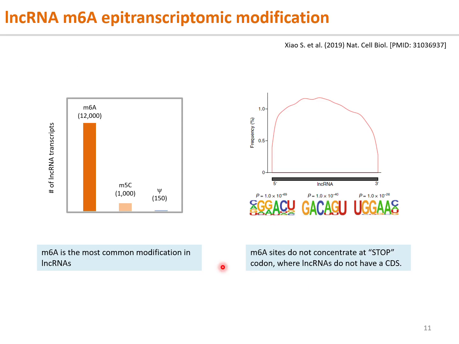As in mRNA, m6A is the most abundant modification in non-coding RNAs or lincRNAs. LincRNAs do not have protein coding sequence, so m6A distribution does not concentrate near the stop codon, which does not exist to begin with.